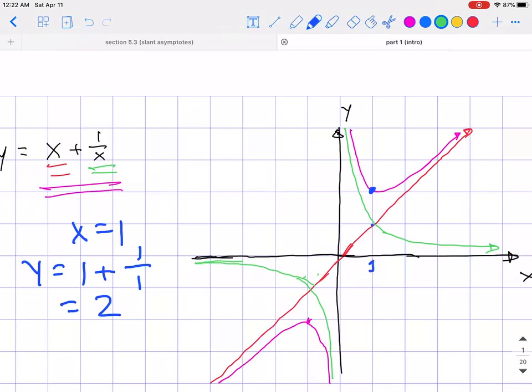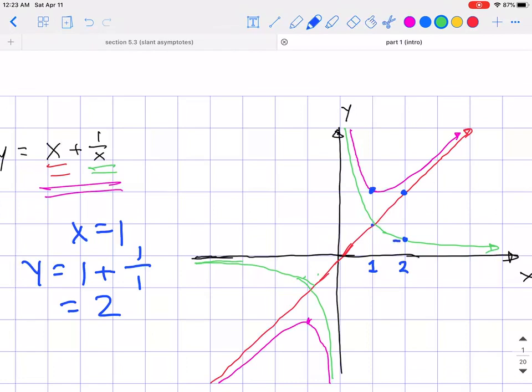Now, if we move on to when x is equal to 2, we can do exactly the same thing. If you remember, what we did last semester was look at the y value for the red line, which is over here, and the y value for the other curve, 1 over x, which is over here.